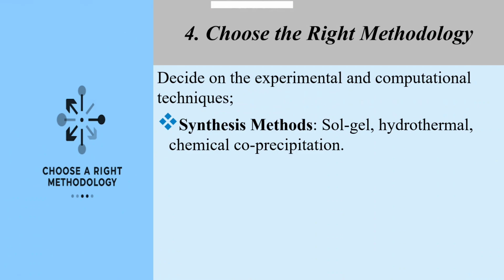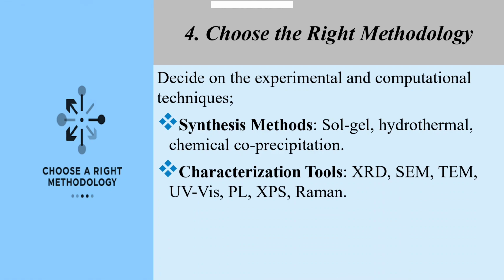In chemical methods, we can talk about sol gel, hydrothermal, maybe co-precipitation, and after that we have to talk about the characterization tools which we can use, that could be XRD, SEM, TEM, UV visible, PL, XPS, and Raman.